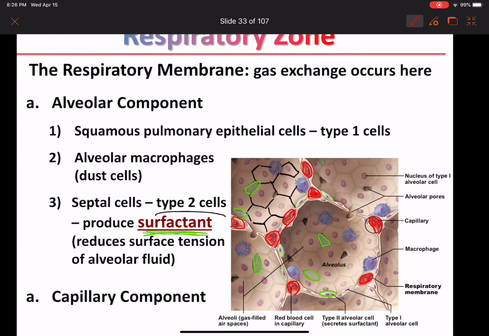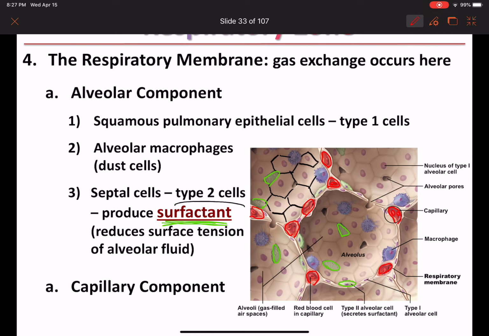All right. So this is very important that you know this, because this is how we have this interchange of gases between the air filling the alveolus and the blood passing through the capillaries. It is because of these rich capillary beds that are located surrounding the alveoli.